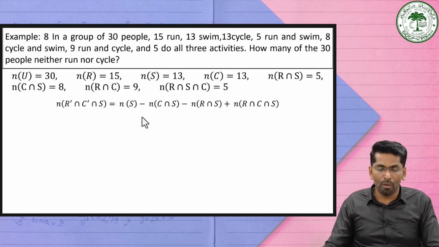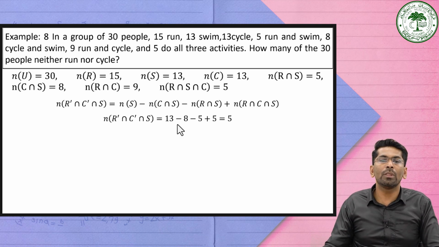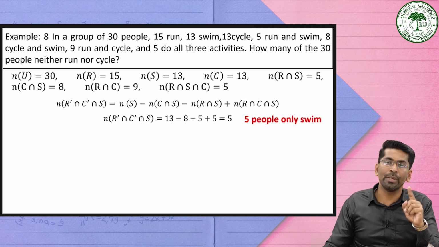Substituting all these values, it is the number of elements in S, which is 13, minus 8, minus 5, plus the intersection, which is 5. Solving it, the number of people who swim only is equal to 5. Thus we can say that 5 people only swim.